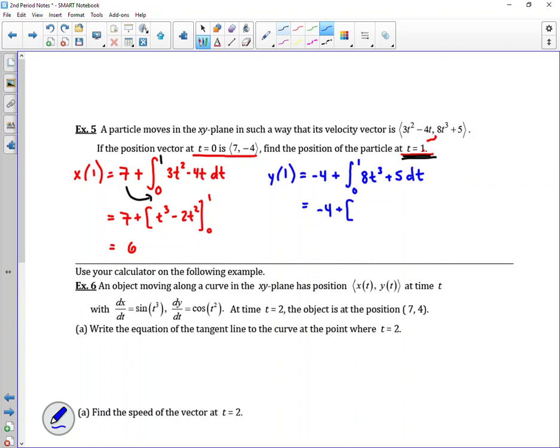It's 2t to the 4th plus 5t from 0 to 1. Negative 4 plus 2 plus 5, 7, 3. So our position of our particle at t equals 1 is 6, 3. Okay? All good?